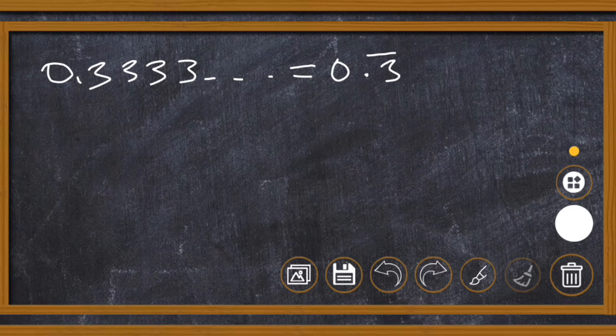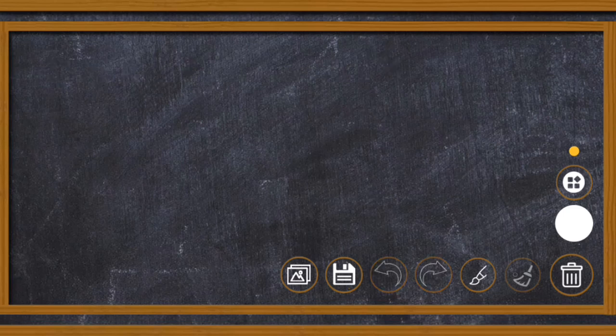Okay, so now in this lesson we are going to discuss how we can express different rational decimal numbers as fractions. So let's say, for example, we have been given 0.3 with a bar, and we have been asked to express it in the form of a over b, where a and b are integers and b should not be equal to 0.